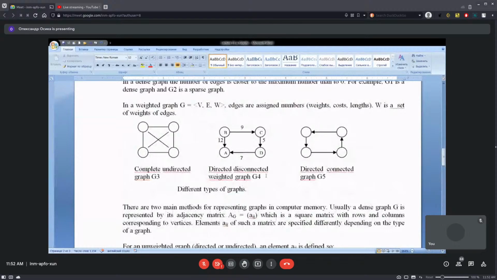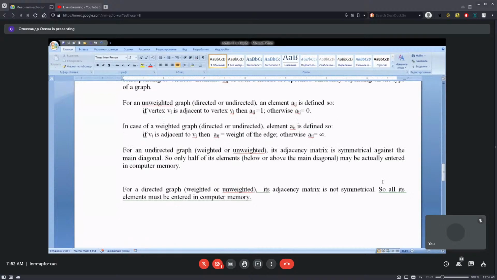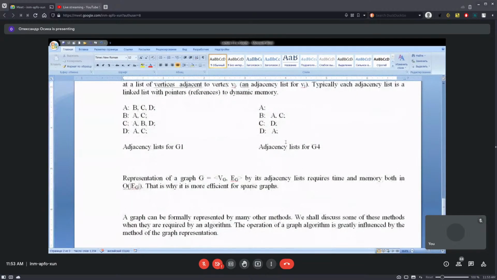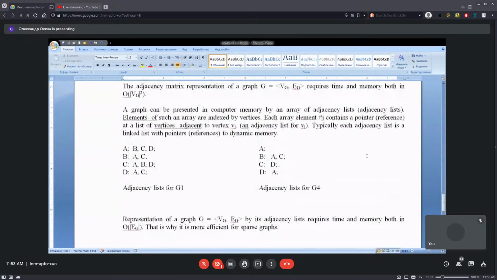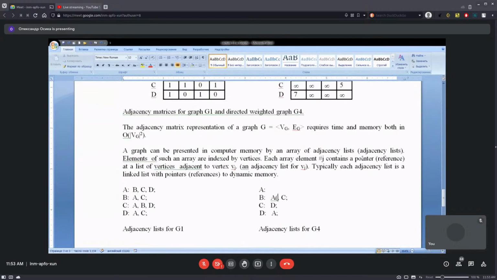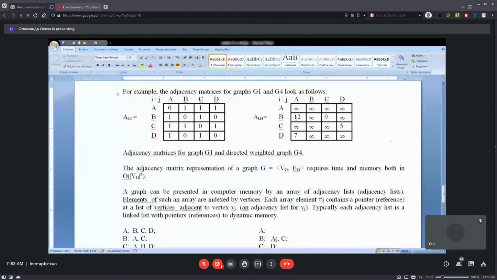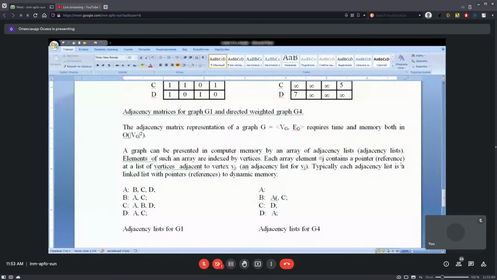Look, G4, it is weighted. And if I make a list of adjacencies like this, then we don't see that it is weighted. That's why near each one: B, A, 12, C, 9. 12, and here 9.